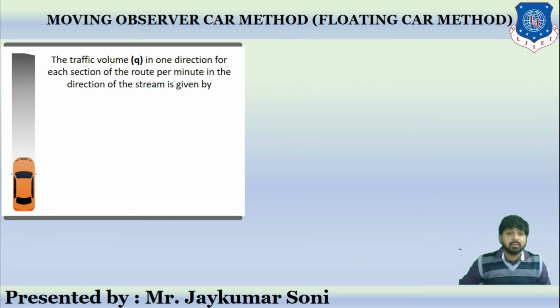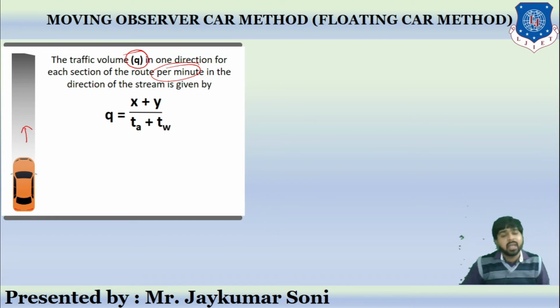Let us assume that this is the lane and this is the direction in which our car is traveling. The traffic volume, called small q, in one direction for each section of the route per minute, that is, the volume in one direction per minute in the direction of the stream, is given by q equals (x plus y) divided by (ta plus tw).